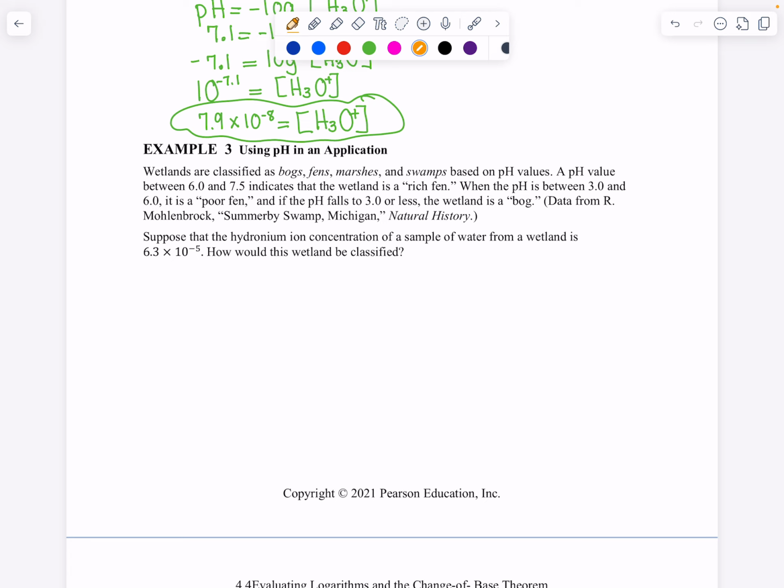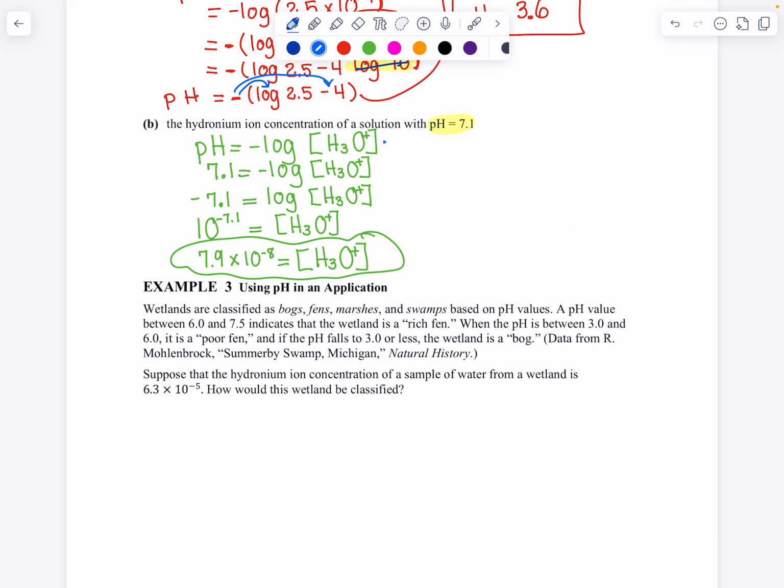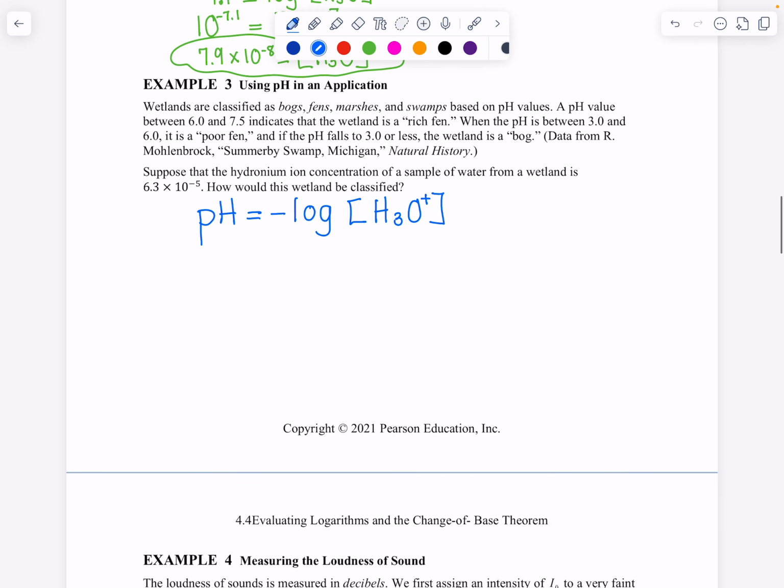First thing I'm going to do is go back and write our pH statement. That's our pH statement: pH equals negative log of our hydrogen ion concentration. So that's what we do know.